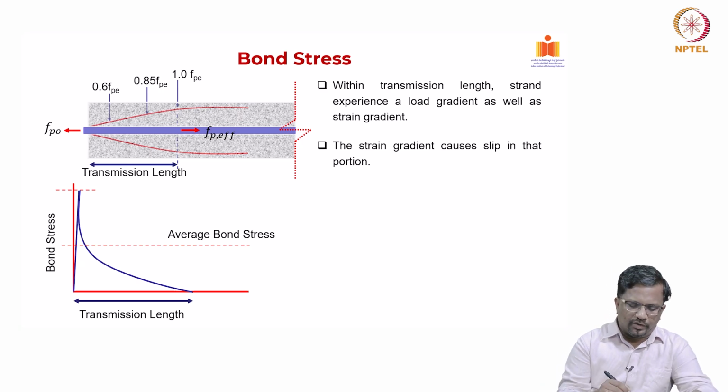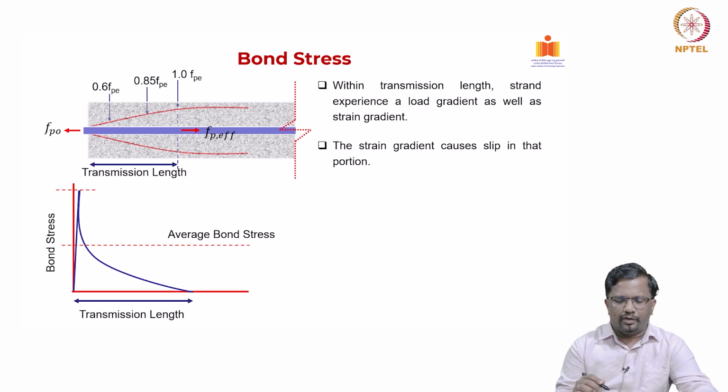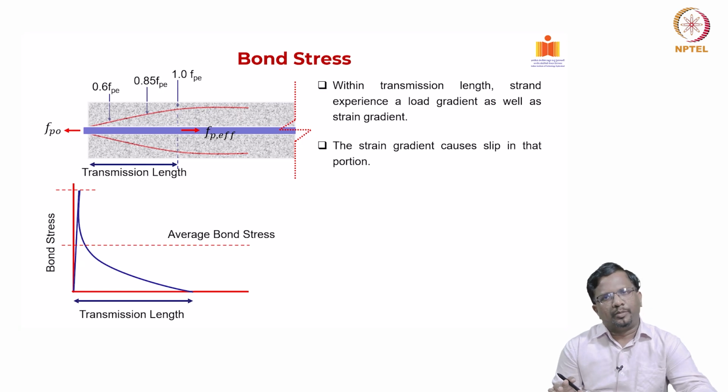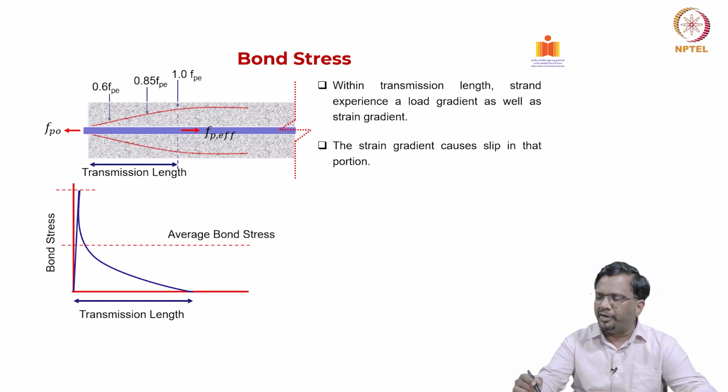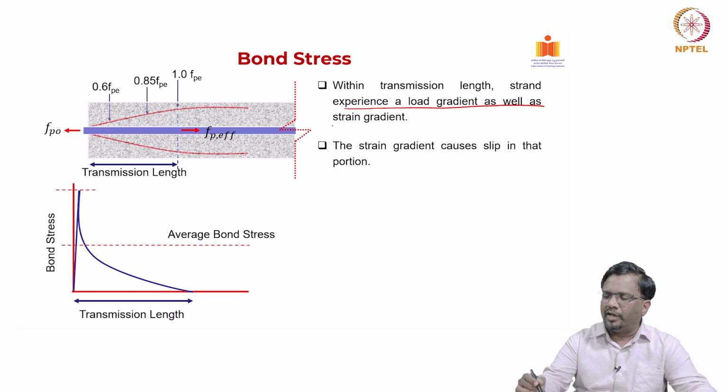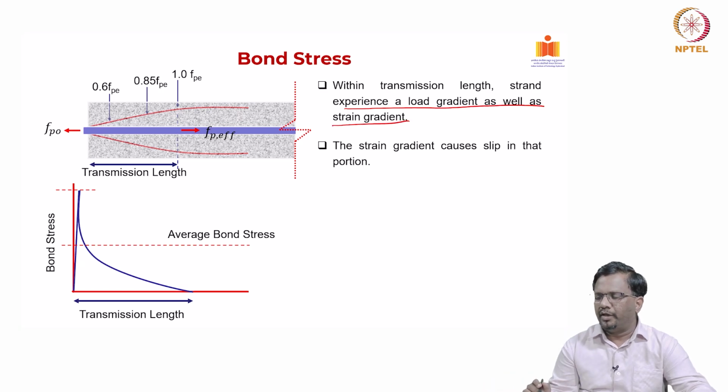We know that at the free end, you are going to have 0 bond stress, because we said initially that the pre-stressing steel will shrink or sink into the concrete a little bit for a little distance. Also, in the transmission length, the strand experiences a load gradient as well as a strain gradient, and the strain gradient can cause slip in that particular portion, right.